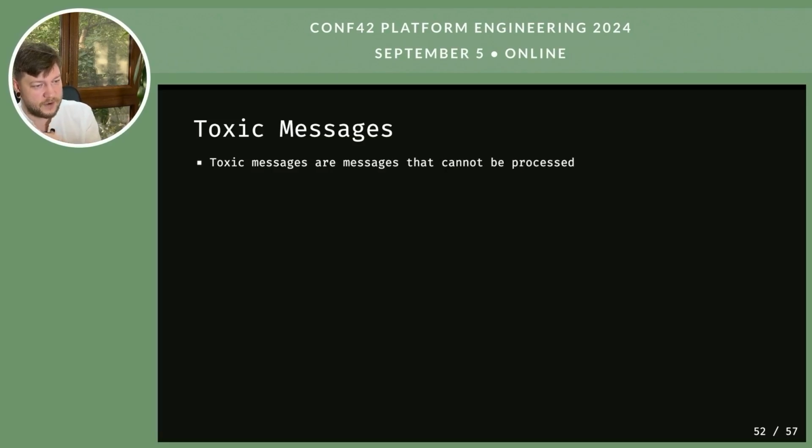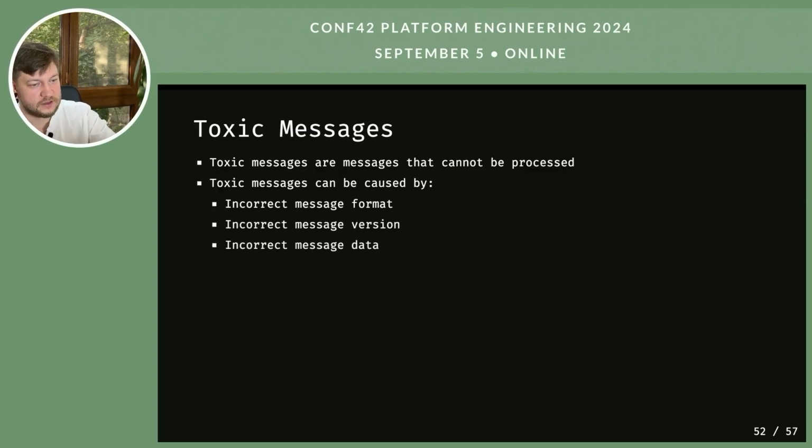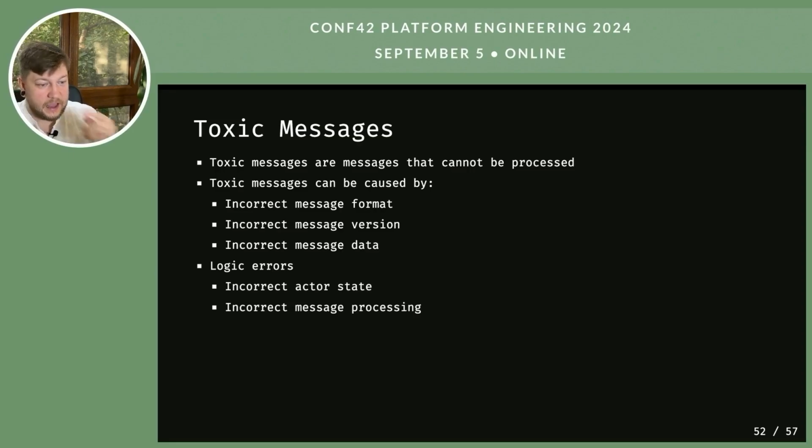Toxic messages are messages that cannot be processed. This can be caused by incorrect message format, incorrect message version, incorrect message data, or logic errors, for example, incorrect actor state and incorrect message processing. What to do with that? For example, you can implement delayed messages.